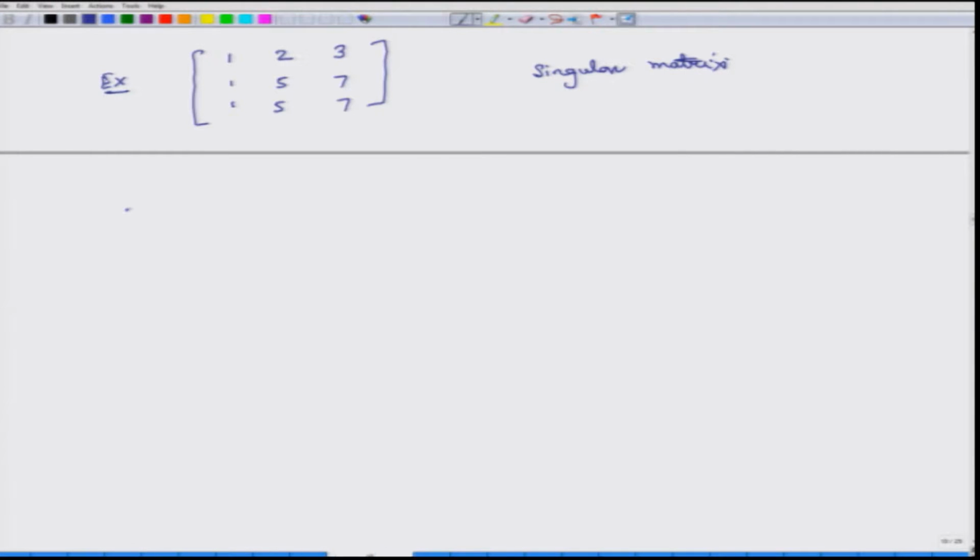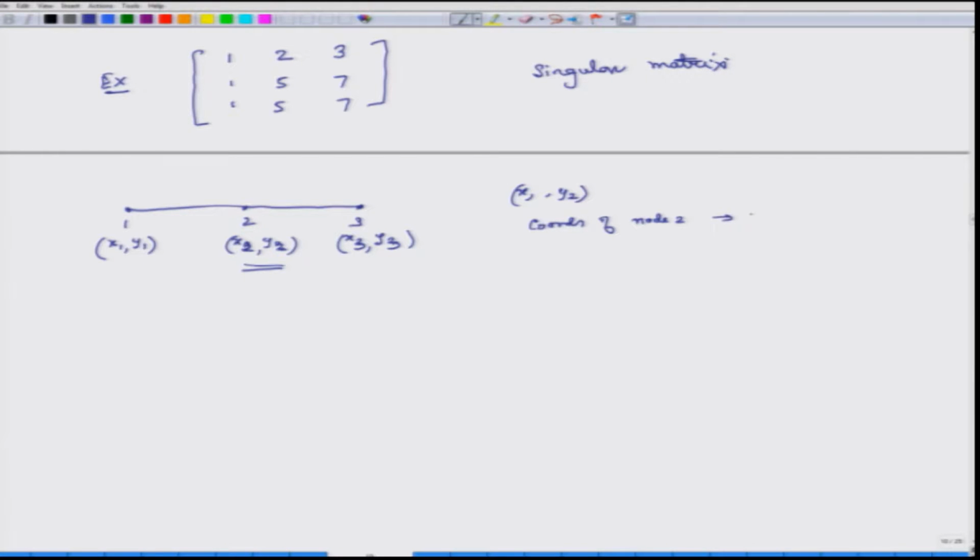Now, if you have 3 nodes 1, 2, 3, with x1, y1, x2, y2, x3, y3 lying along a line, the coordinates of node 2 are totally dependent, not independent, on the coordinates of node 1 and node 3.